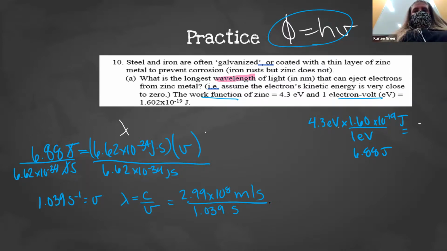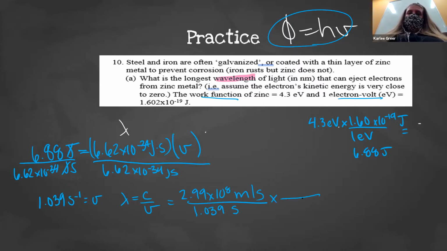And that's going to give us this really big number. Because I'm going to want it in nanometers, since wavelengths usually come out as small numbers in meters, nanometers makes it a more comparable value for us.